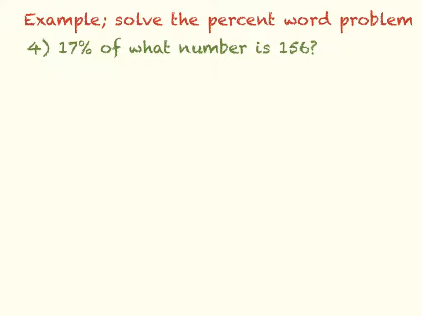For this last example, we have 17% of what number is 156. So "of" is multiply, "is" means equals, so I have to change my percentage to a decimal, so I have 0.17. If I put all that together, I have 0.17 of, times, what number, N, is equals 156.